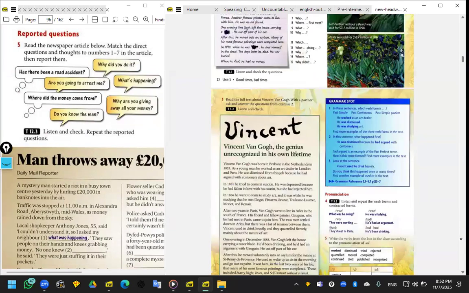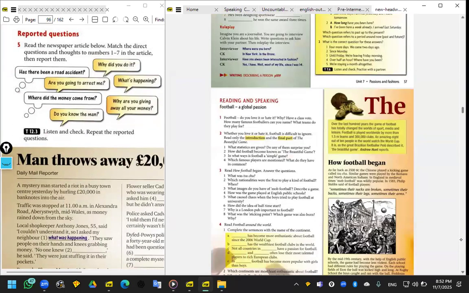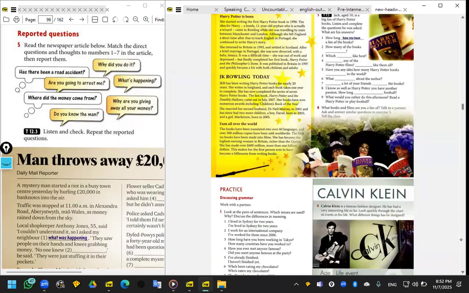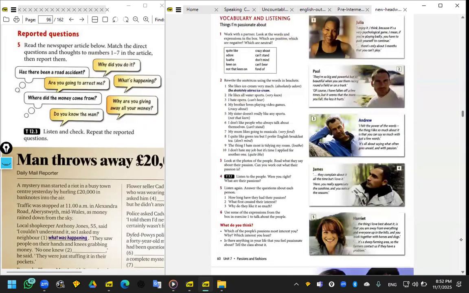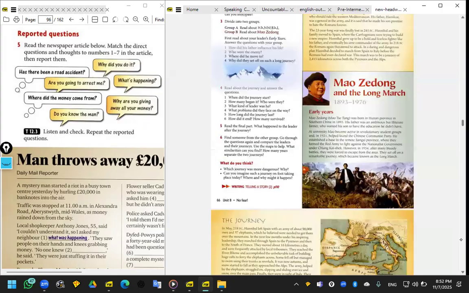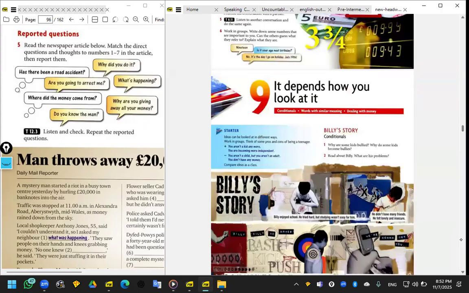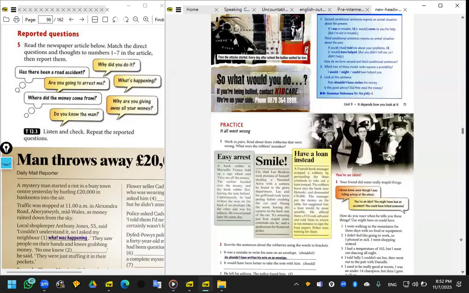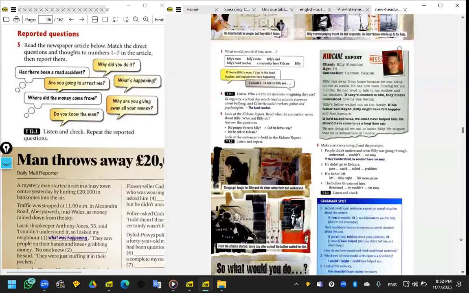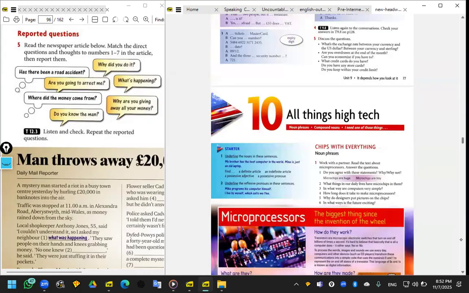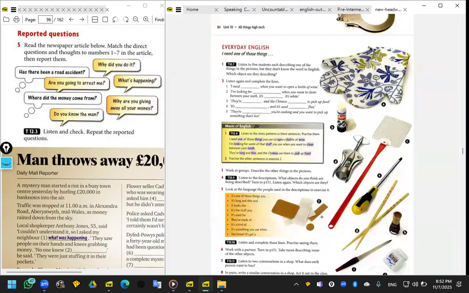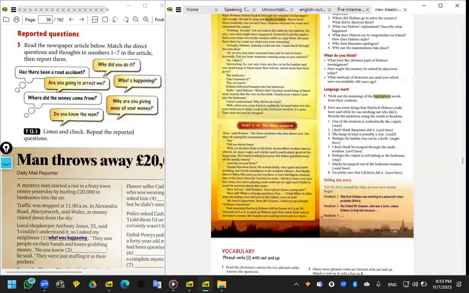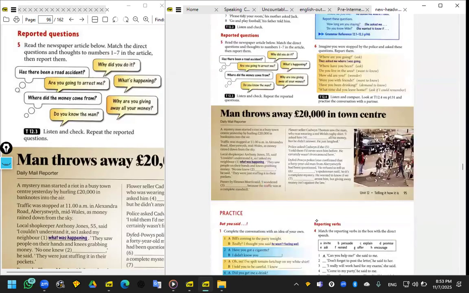I think we have already discussed that. So let me scroll down to, this is 9. What is going on? Wait. 12. Okay, so not this one. So this is 12 and this is the article.